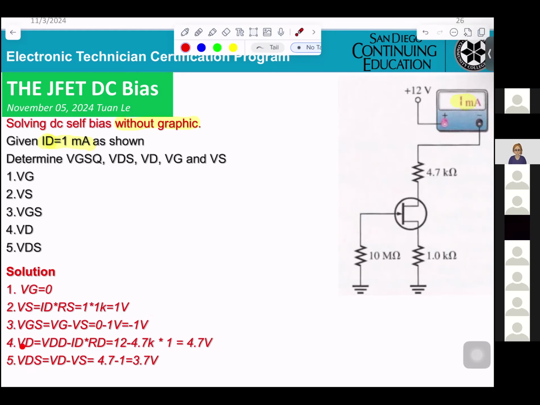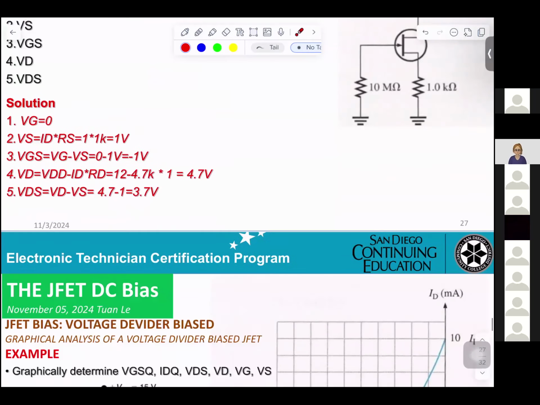If you want to calculate the VD, VD here will be VDD minus the voltage drop across RD, which gives you 4.7. And the last one, VDS, that means the difference between the drain and the source, equal VD minus Vs. That gives you 3.7 volt.